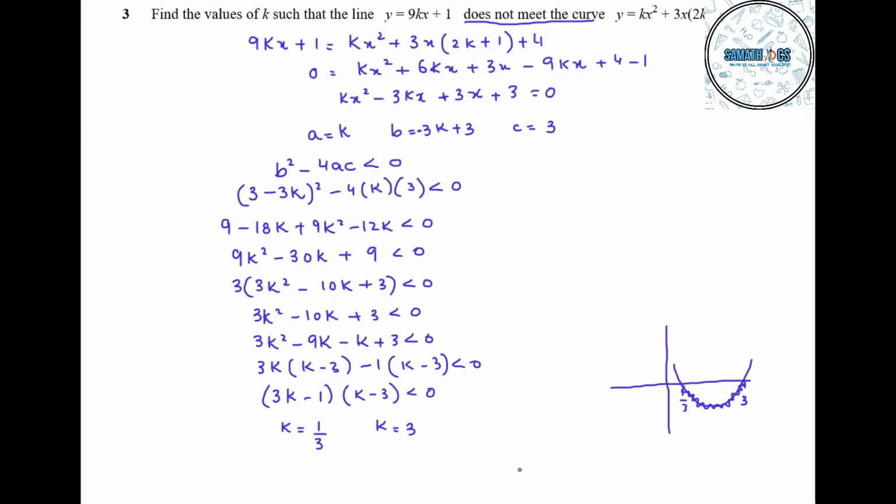So this part we have to consider, and we have to find the values of k on this part. You can see the range of values of k is from 1 upon 3 till 3. So we can write k is greater than 1 upon 3 and less than 3. So our answer is k is greater than 1 upon 3 and less than 3.